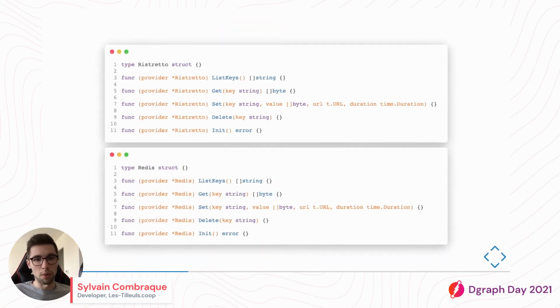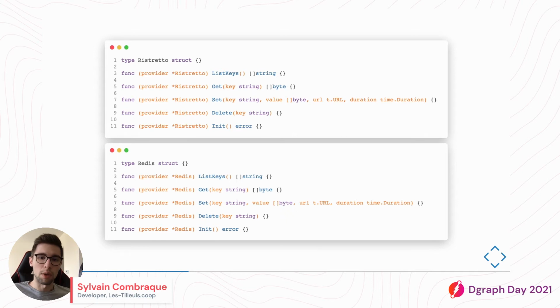In Souin, we have some providers to be able to let the user decide which kind of storage system should be used, depending on the matched URL in the full version. And here we are defining the type of each provider. Each provider defines the same functions, like list keys, get, set, and other ones.